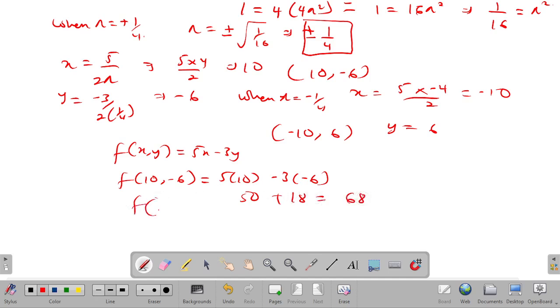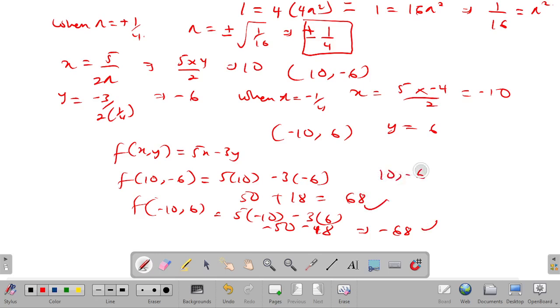Then f of negative 10, comma 6. That is 5 times negative 10 minus 3 times 6, negative 50 minus 18. That is negative 68. Therefore, this is the maximum.